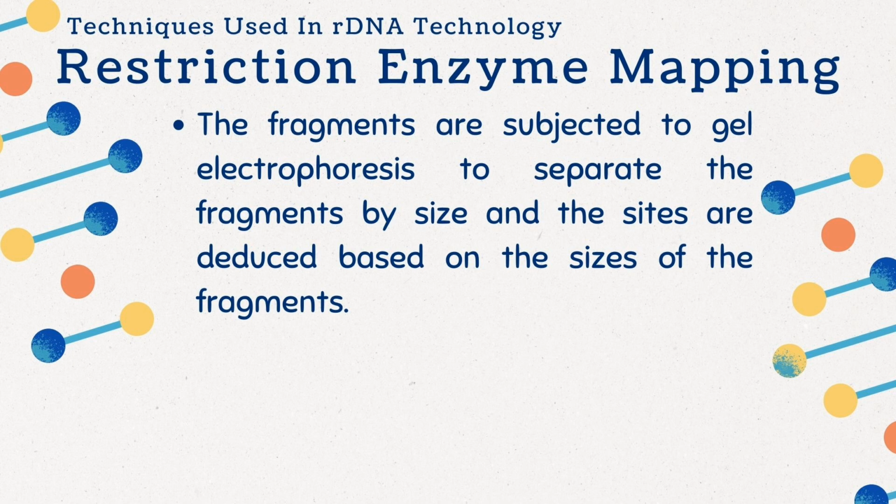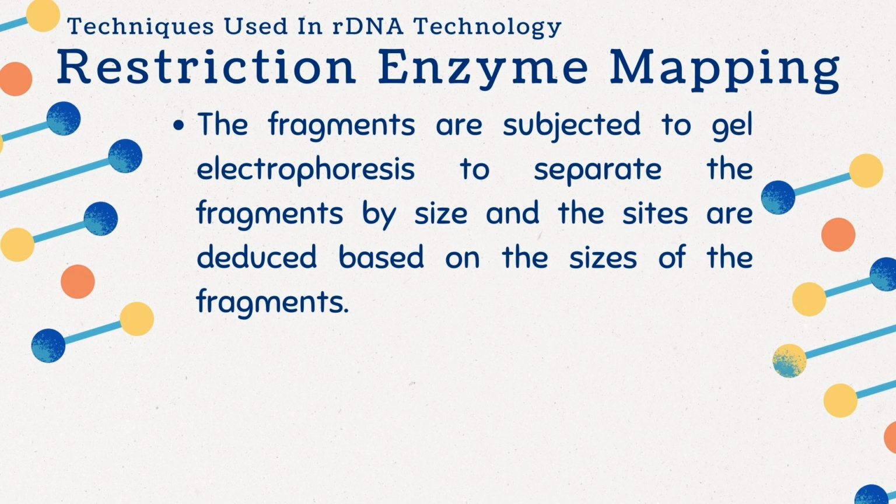So, yung mga scientists naman, pinag-aaralan nila yung DNA. So, they sometimes need to figure out the order of the letters that make up the genetic code. So, to do this, they break apart the DNA into smaller pieces. So, tinatawag itong fragments and then ginagamit nila yung process na tinatawag na gel electrophoresis, para ma-separate yung fragments based on their size.